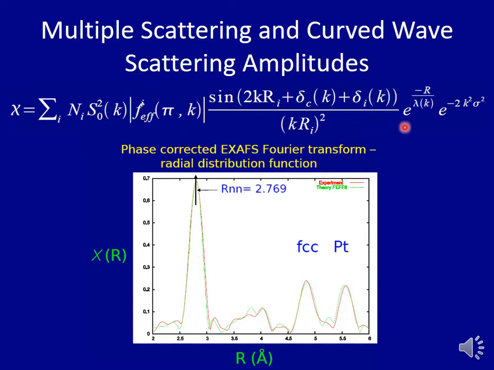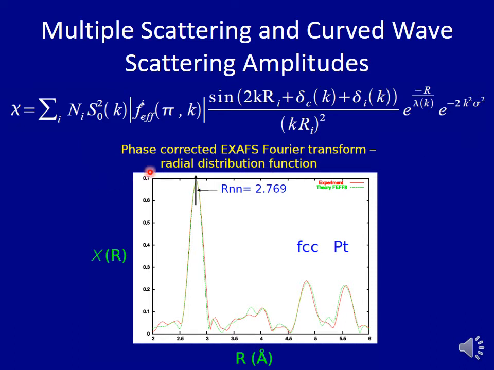And then finally, you put in all of your other things that you need to put in, the inelastic mean free path, the Debye-Waller factors, the amplitude reduction factor, and then you also have coordination numbers, which is just how many atoms are at a particular distance of the same type. And you end up with the XAFS equation that we know.